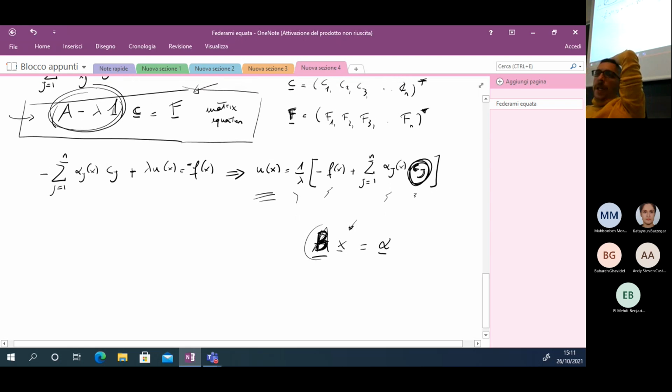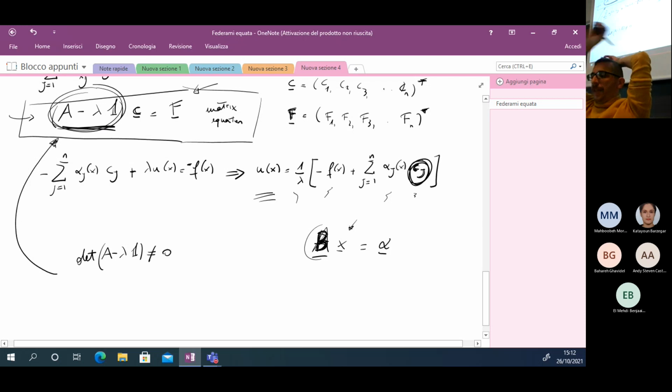So if I go back to the matrix form of this equation that I've written here, this means that if the determinant of this matrix A minus lambda identity is different from 0, then I know that there is a unique solution.